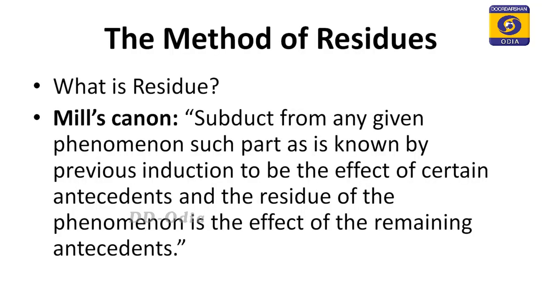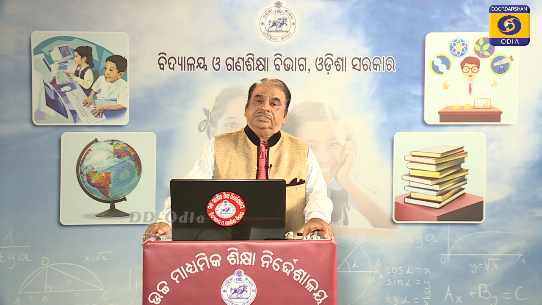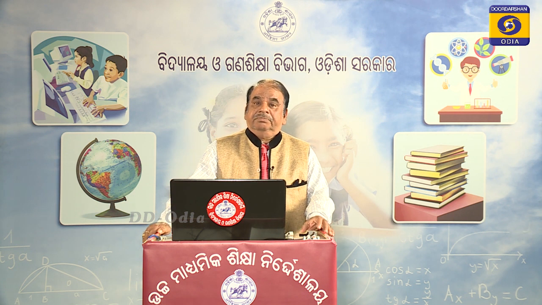Now, the fifth and last method is the method of residues. This follows the fourth principle of elimination, which has been added by Joseph, and this is a completely different type of method, a mathematical method.